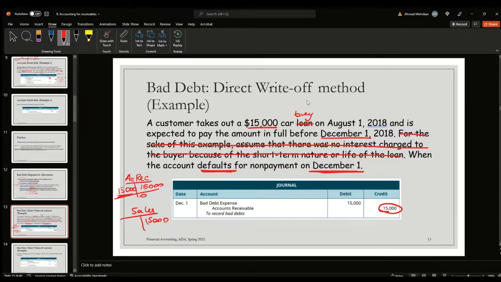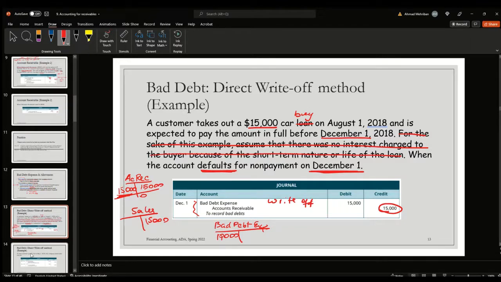I credit account receivable, and my debit side is going to be a bad debt expense account, debited 15,000. So that's how it works, and this whole entry is a write-off. We write off that bad debt immediately.